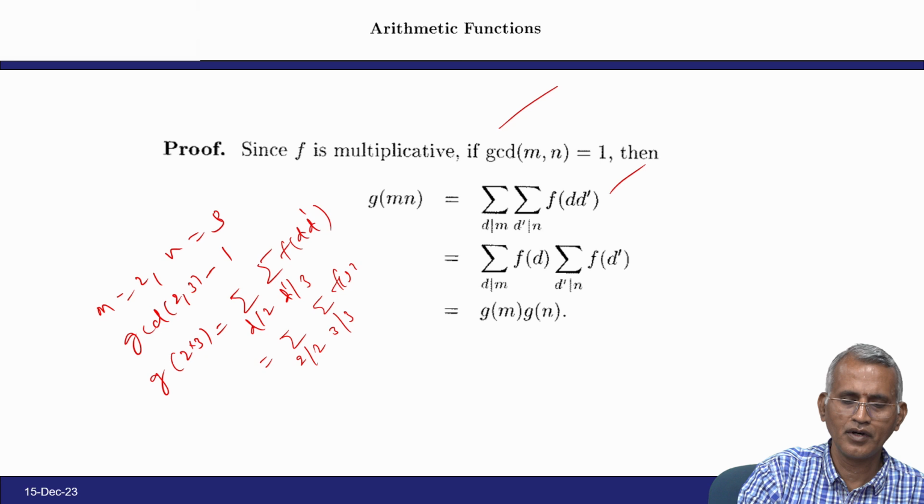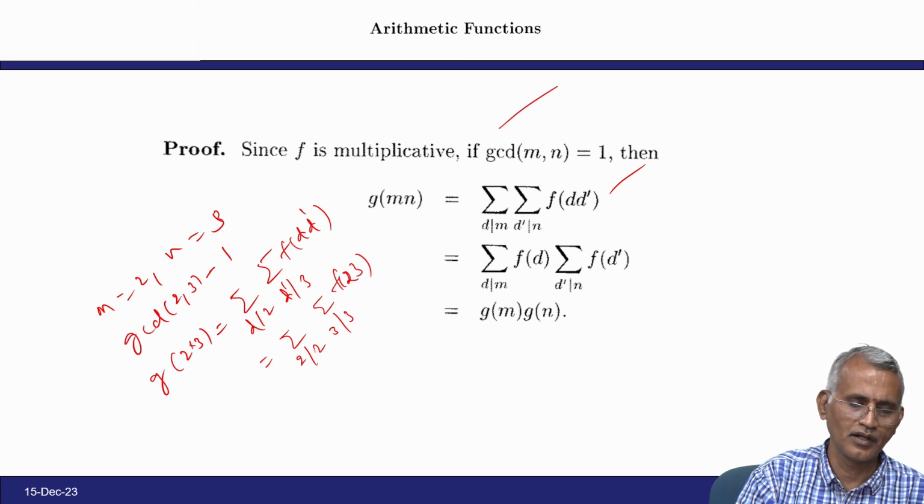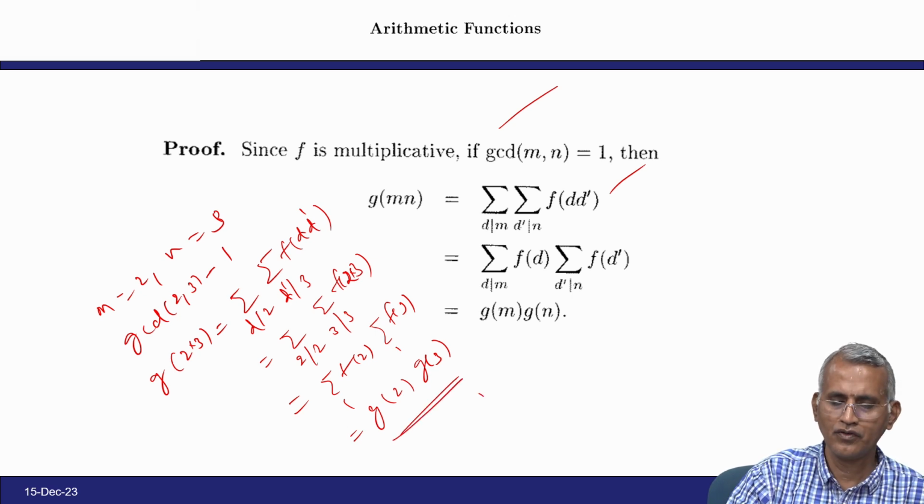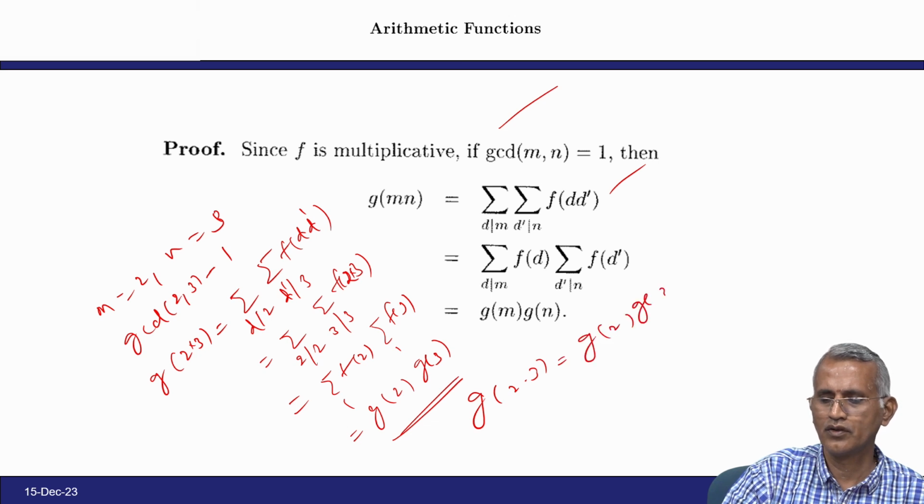So, f of 2 into 3 only will come. So, we have 1 of f of 2, and 1 of f of 3, and only thing is this is g of 2 and this is g of 3. So, this way we can write g of 2 into 3 equal to g of 2 into g of 3.